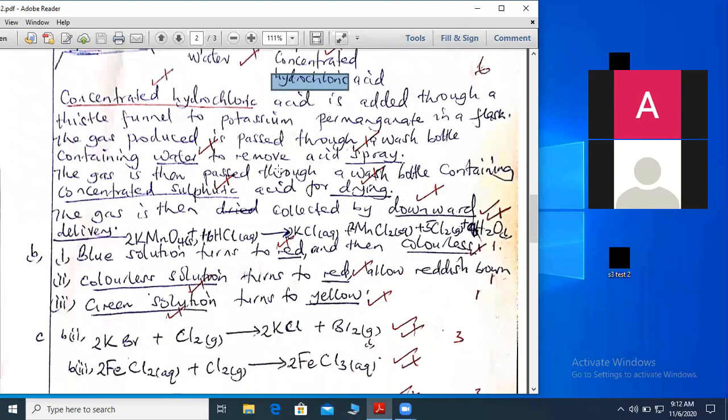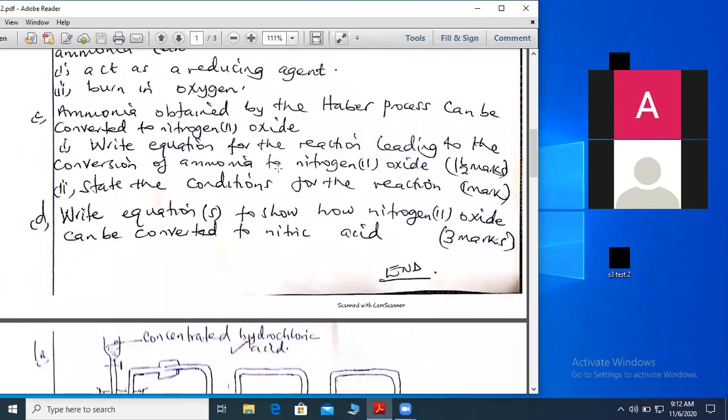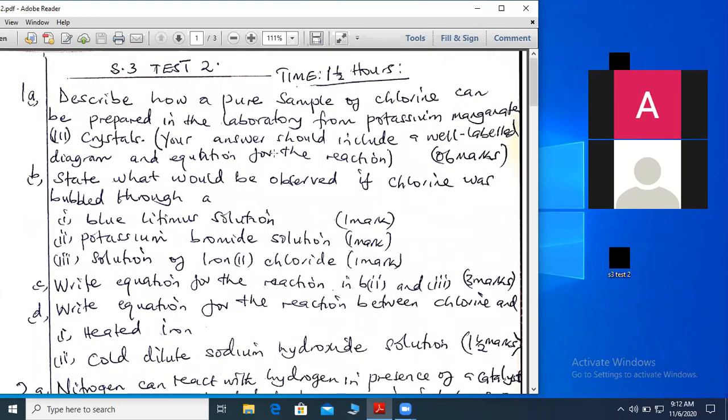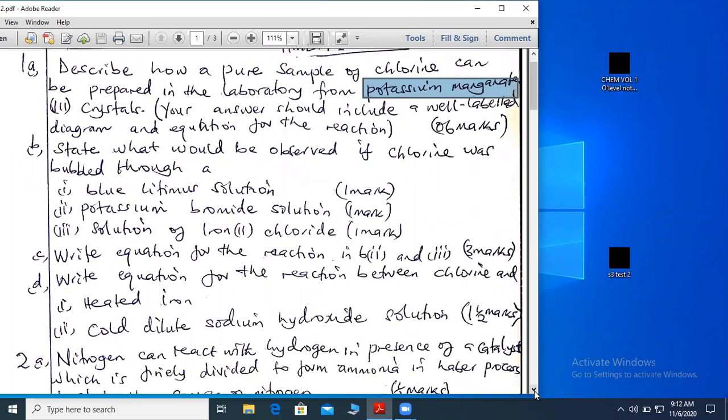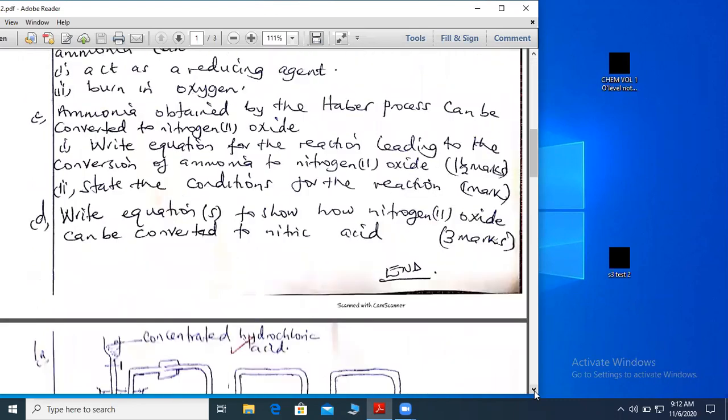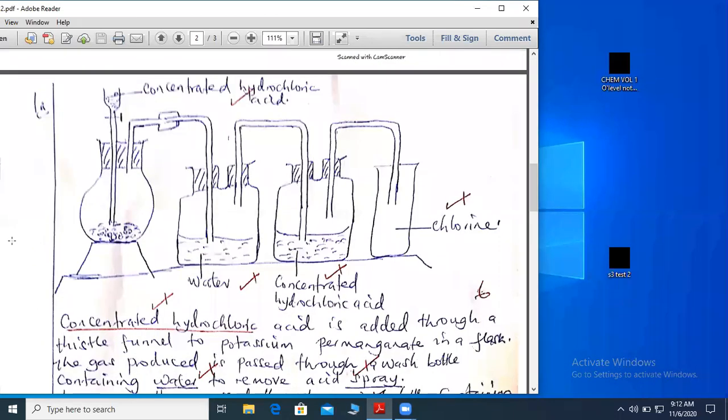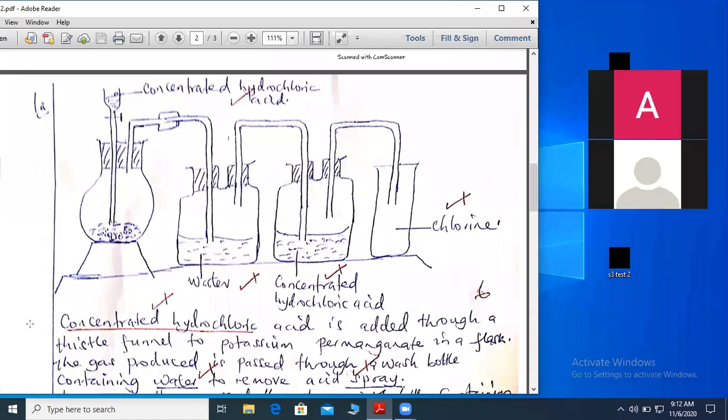Now, when I'm marking, remember the question had said describe how a pure sample of chlorine can be prepared from potassium permanganate or potassium manganate 7. Now, potassium manganate 7 was given to you in the question. So I will not award you a mark for that because it was already given to you. But hydrochloric acid was not given, so I will give you a mark.